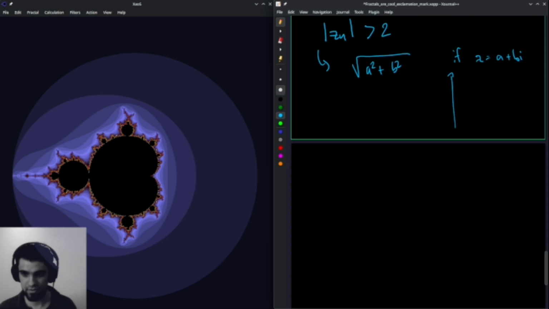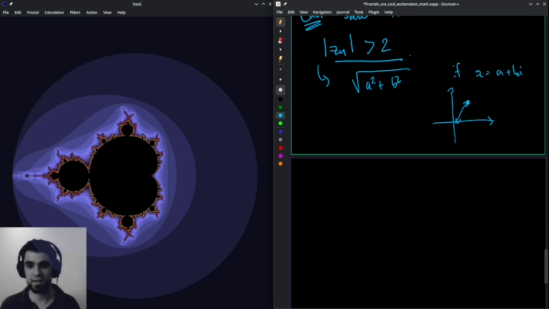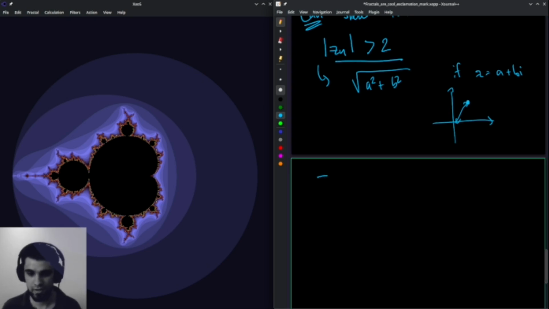Which, if you remember the Argand diagram, is basically how far we are from the origin in terms of radius. And so the idea is that if this z_n ever is bigger than 2, then we know it blows up. And so that is precisely what we do when we are painting this fractal.